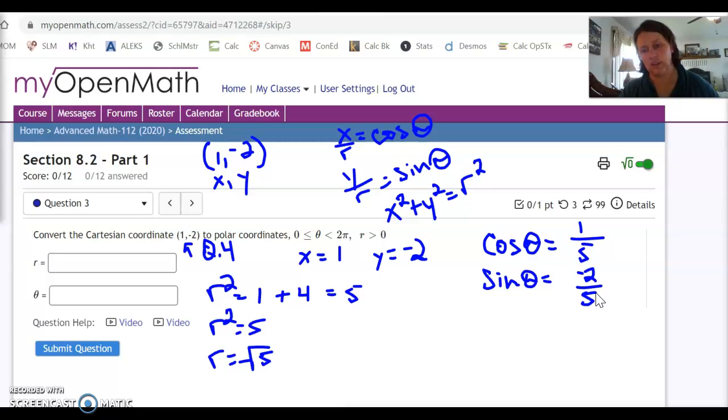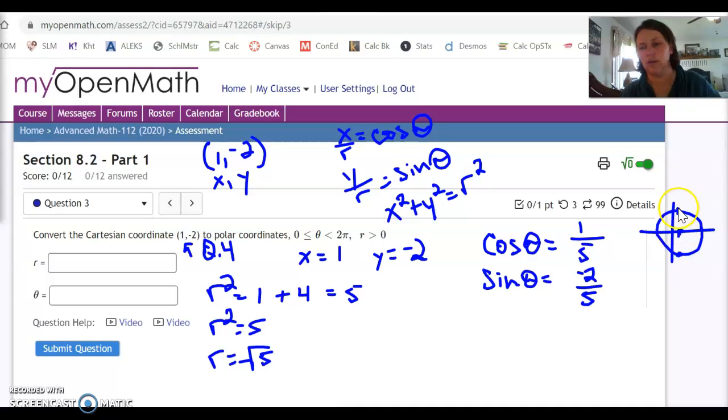So let's just go ahead and stick with our cosine. And cosine is going to give us 2 solutions. So let's say 1 over root 5 is about here, and then on our unit circle, it's going to touch our unit circle here and here.